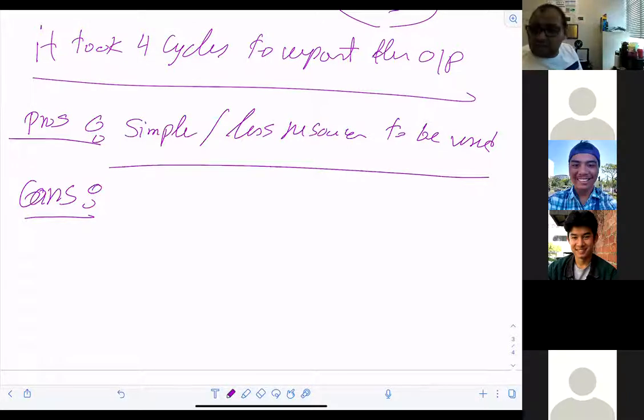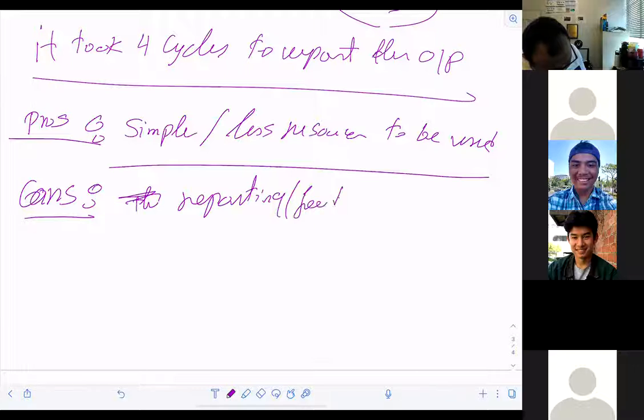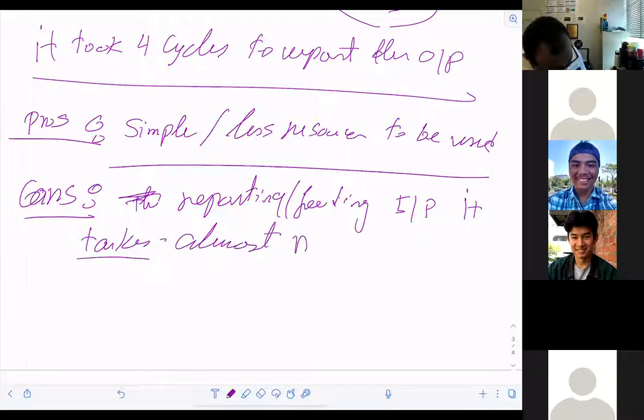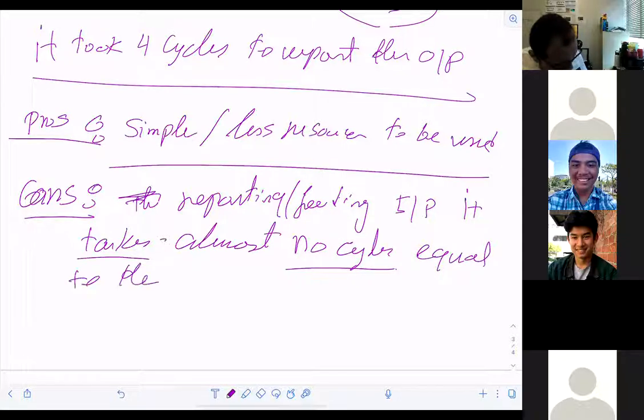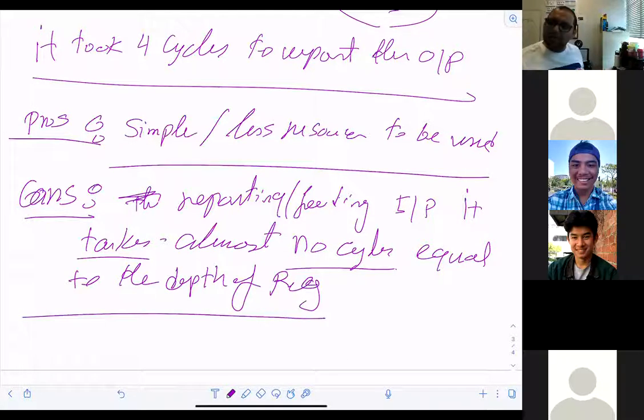The con is that reporting or feeding input takes almost a number of cycles equal to the depth of the register, right? So 4 cycles because the register is 4 bits, 8 cycles because the register is 8 bits, n cycles because the register is n bits, right?